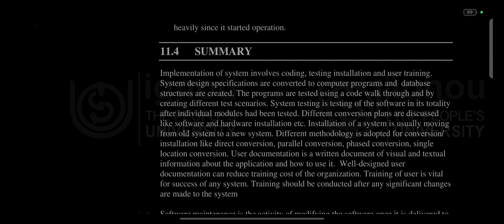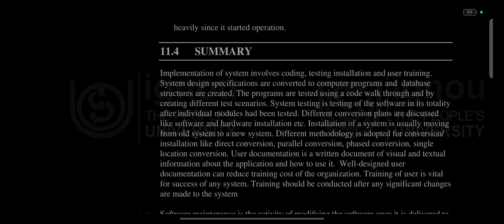User documentation is a written document of visual and textual information about the application and how to use it. Well designed user documentation can reduce training costs of the organization. Training of user is vital for success of any system.